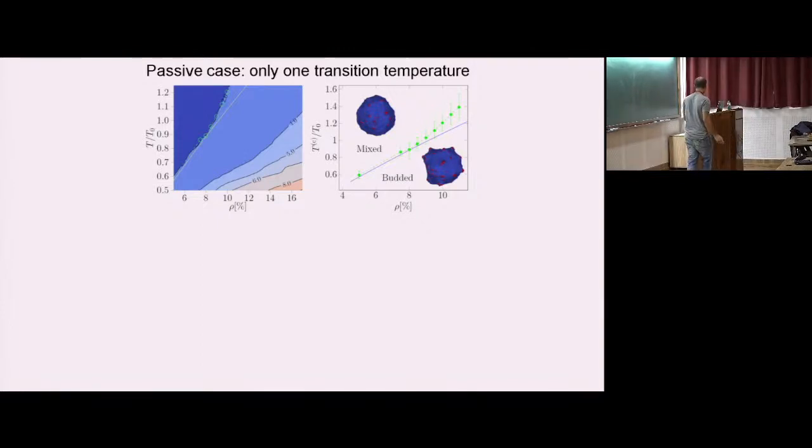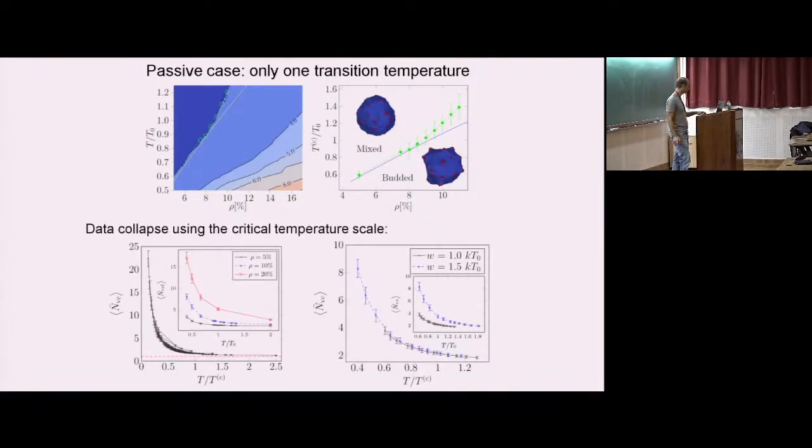And you can see that the linear stability analysis is working very well because, for example, if you plot the mean cluster size as function of temperature for two values of this binding between the proteins, you can collapse all of the data from the two sets of simulations if you simply rescale the temperature by this critical temperature that you calculated from the linear stability analysis.